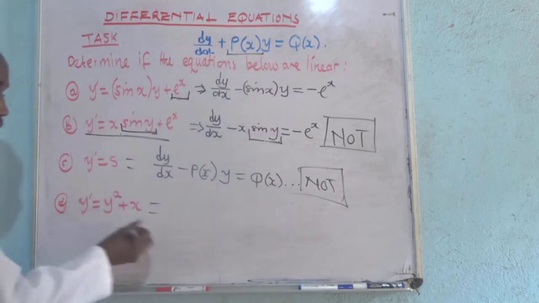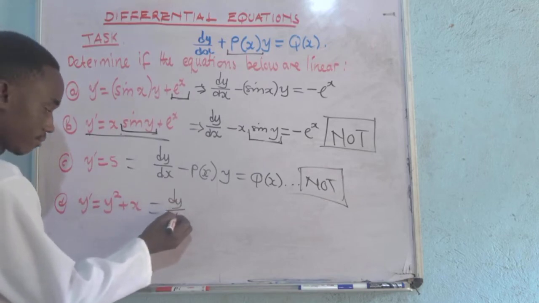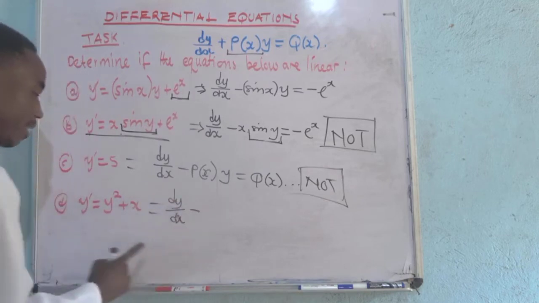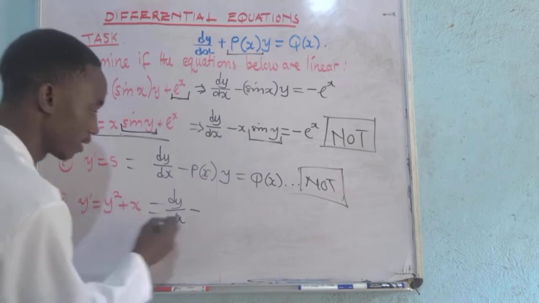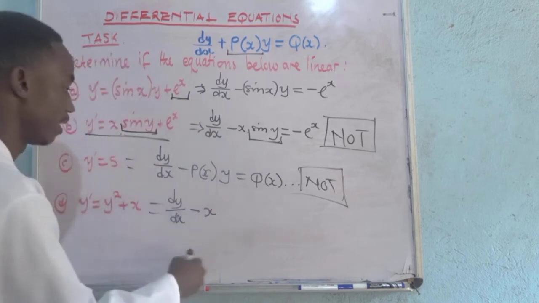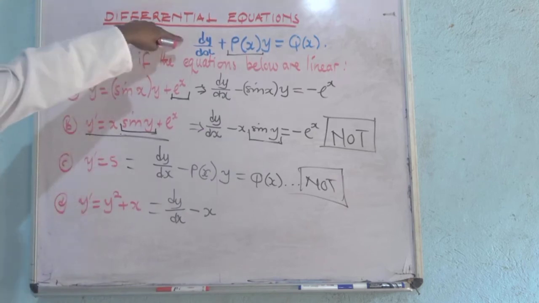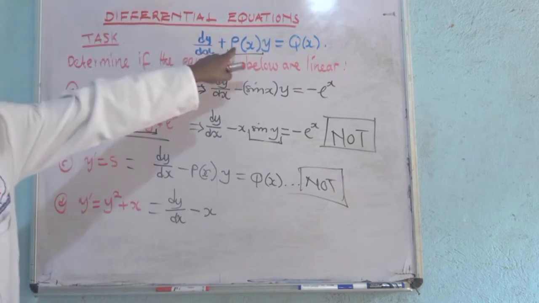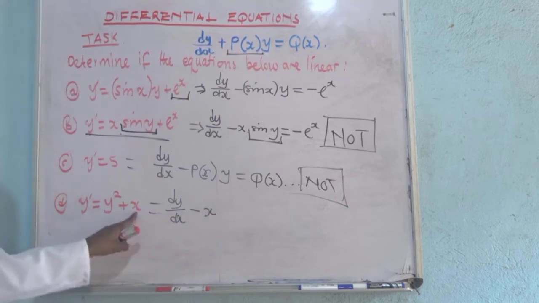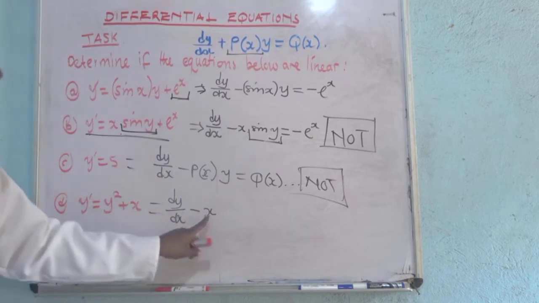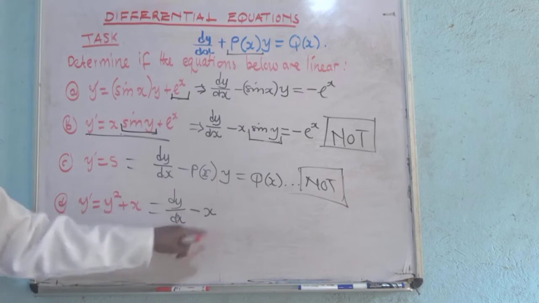Then this other one also, we have dy dx like this. And this one can be written as negative x. So what you have is dy dx as it's supposed to be there, and then we have some function p of x, which is this one. Do we have a y multiplying this function? We don't have it.